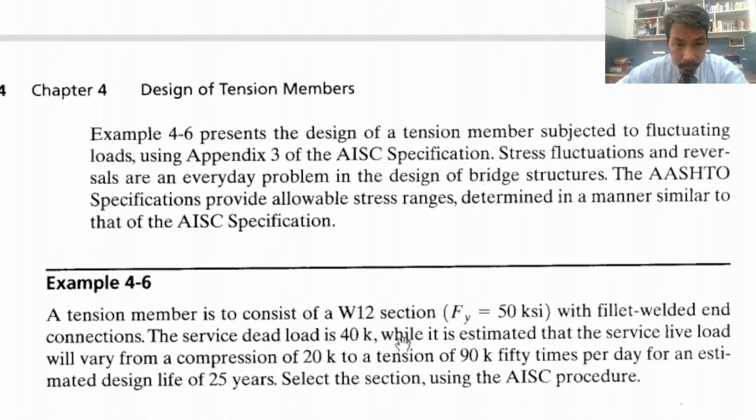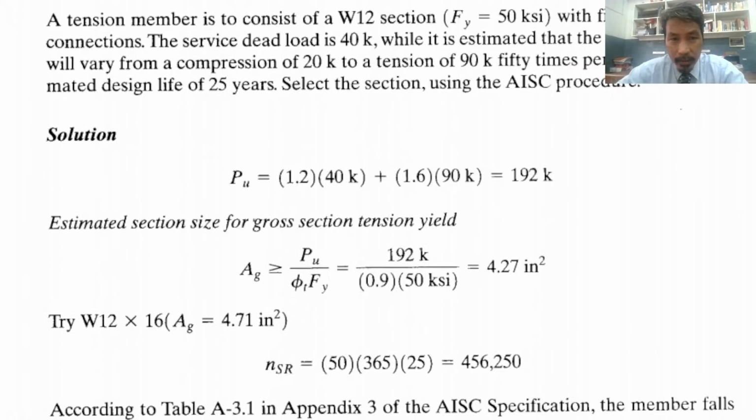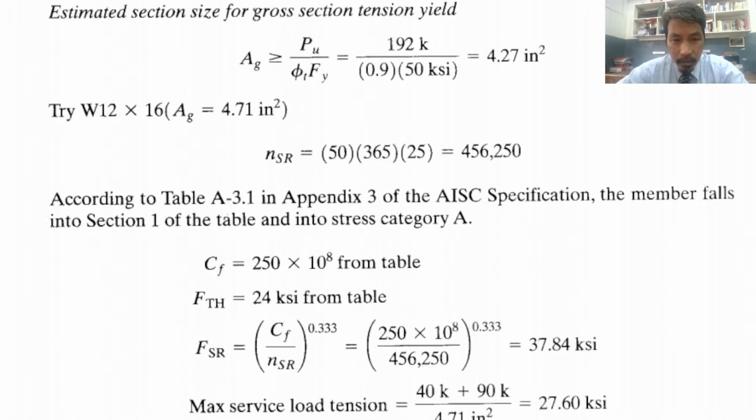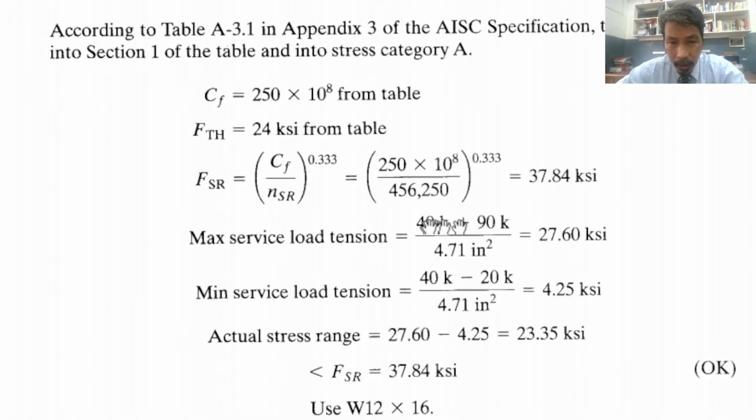Surface load 40K, dead load 20K. 20K is compression, tension 90K, so that is all live load. So the combination of that, 20 to 90 with 40.